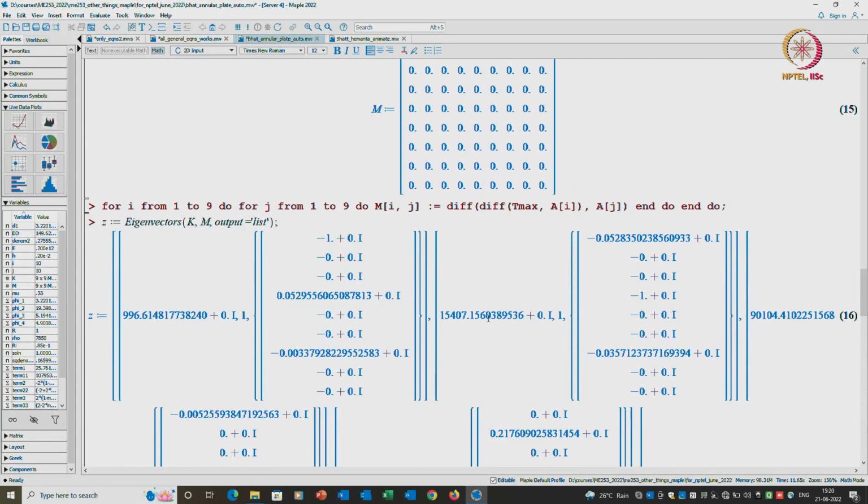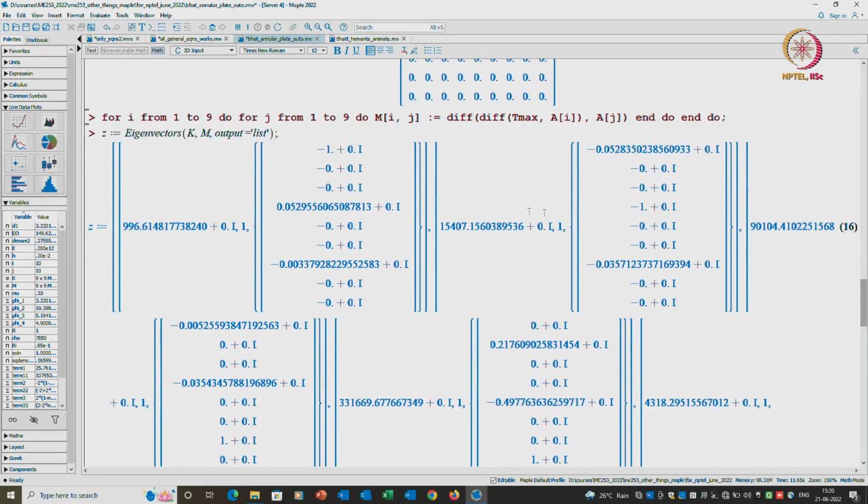So this represents the eigenvalue and eigenvector matrix, and the eigenvalue at this point is 996, which we will see in the non-dimensional terms what it is. And the corresponding eigenvector is this. So first 3 terms relate to phi 1, next 3 relate to phi 2, and then the last 3 to phi 3.